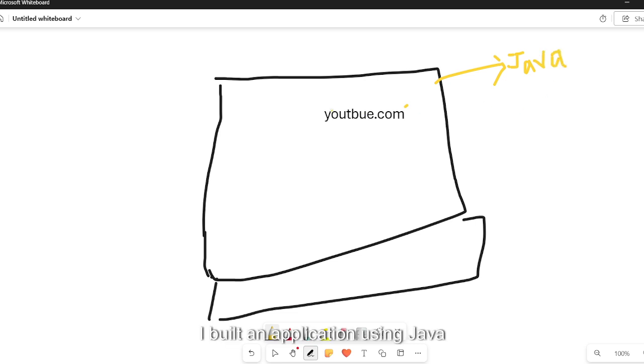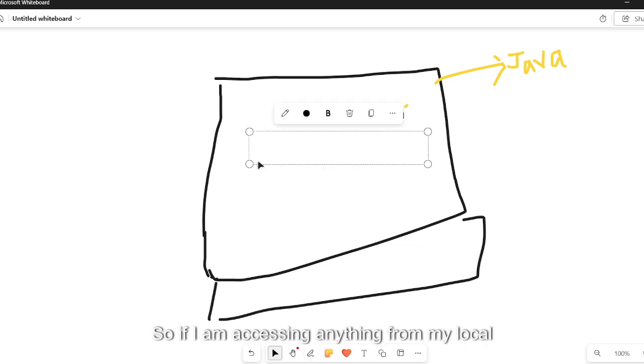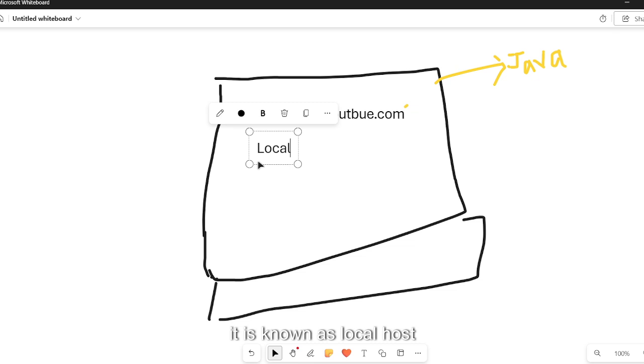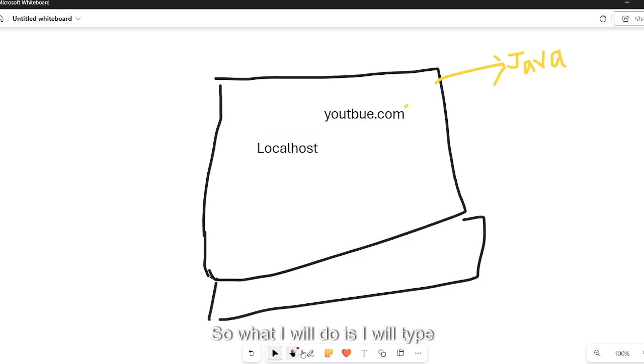I built an application using Java, and I am accessing it using the same machine. What will that be known as? It will be known as localhost. If I am accessing anything from my local machine through the browser, it is known as localhost. So I will type localhost and the website link, and I will be able to access this.